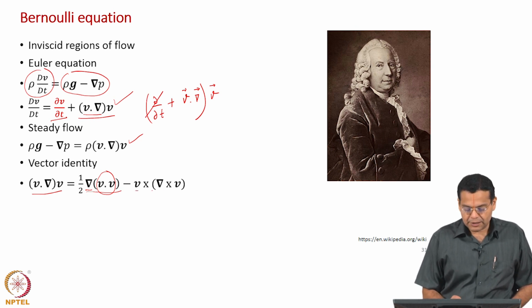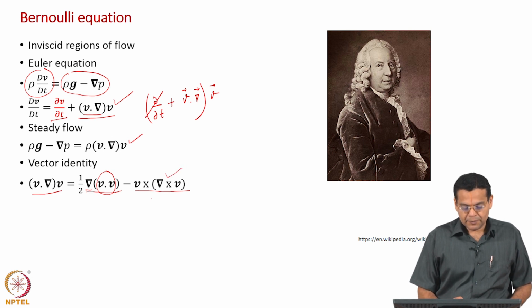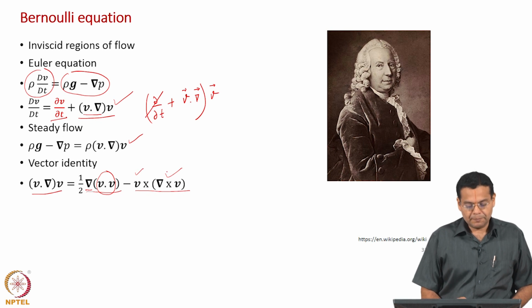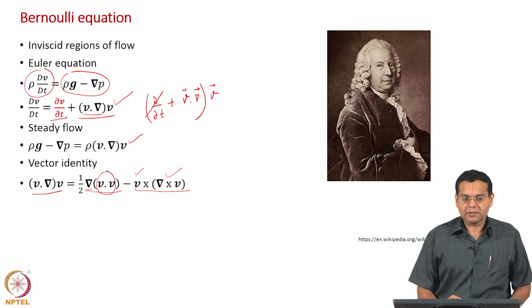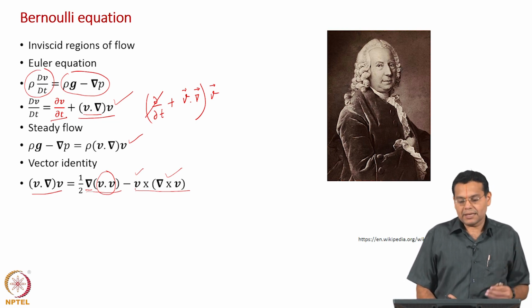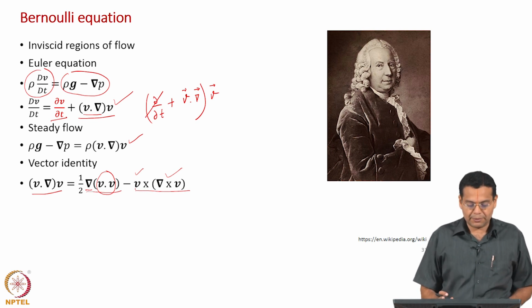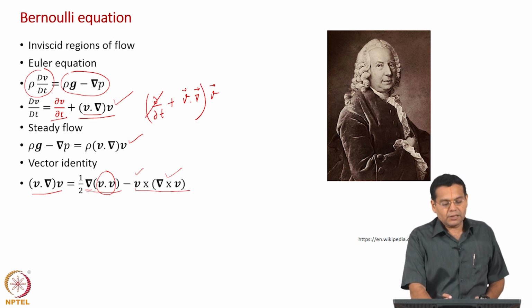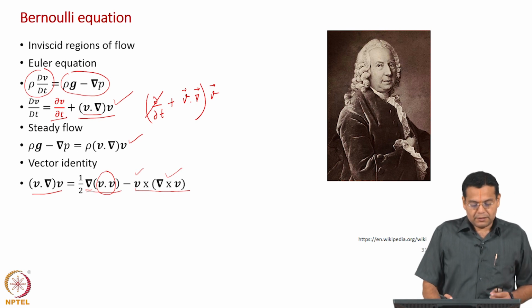Now, coming to this term, we have del cross v, which is a vector, and once again v cross this vector gives you another vector. So, all the terms in this vector identity are vectors. Obviously, a vector identity cannot have one term as scalar, other term as vector, all of them should be of the same type.